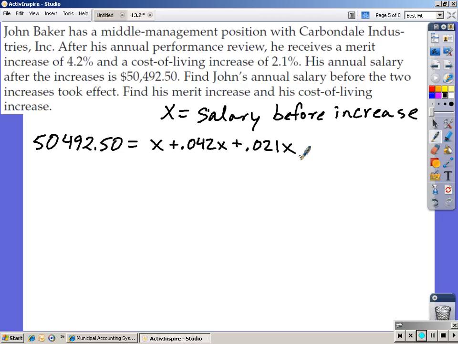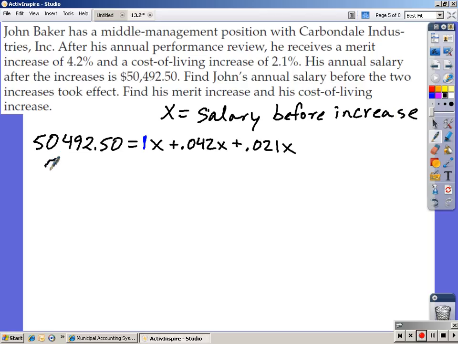Now, go ahead and add these up, and you can add them all up because they all have an X variable. Now, this one here has an understood 1 in front of it. You guys should know that.